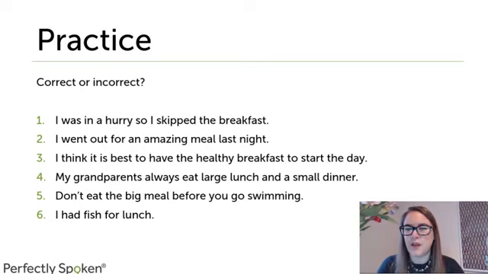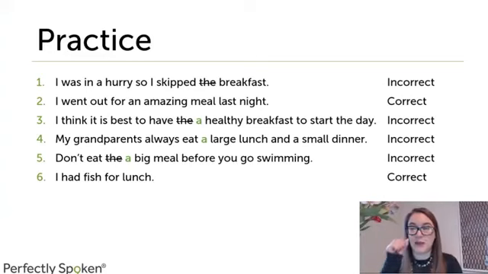Number 4, my grandparents always eat large lunch and a small dinner. Number 5, don't eat the big meal before you go swimming. And number 6, I had fish for lunch. So what do you think? Which sentences are correct and which are incorrect? Pause the slide and write down your answers.